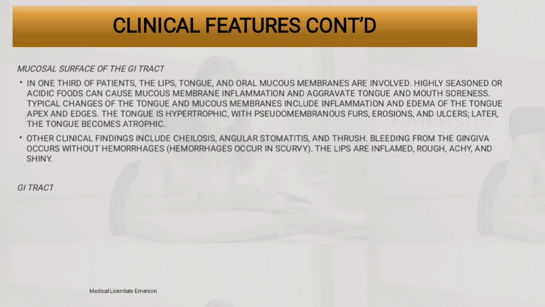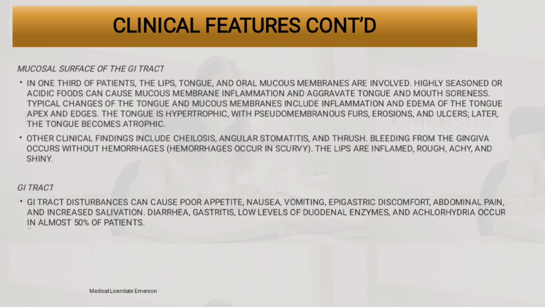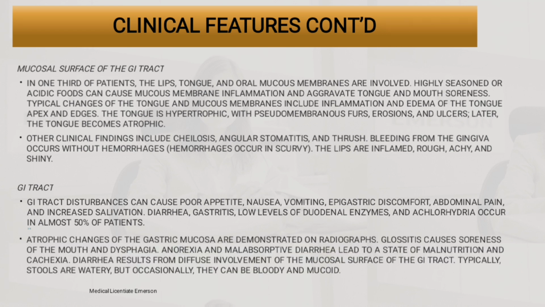Then in terms of the GI tract, the GI tract disturbances can cause poor appetite, nausea, vomiting, then epigastric discomfort, abdominal pains, and increased salivation, diarrhea, gastritis, low levels of duodenal enzymes, and achlorhydria occurs in almost 50% of the patients.